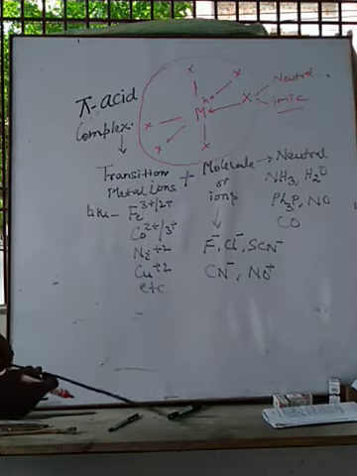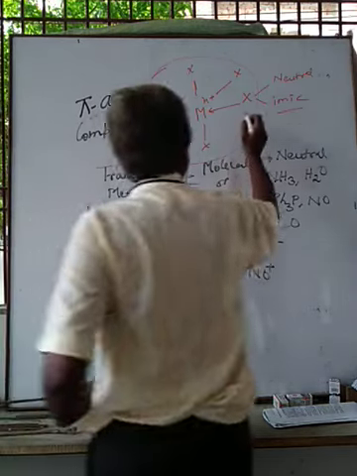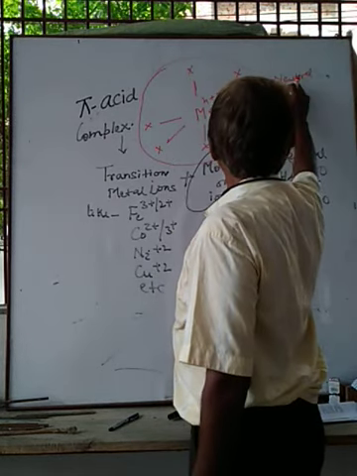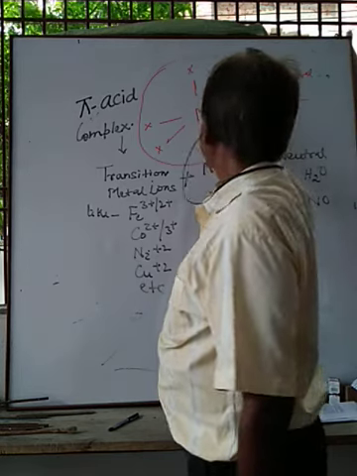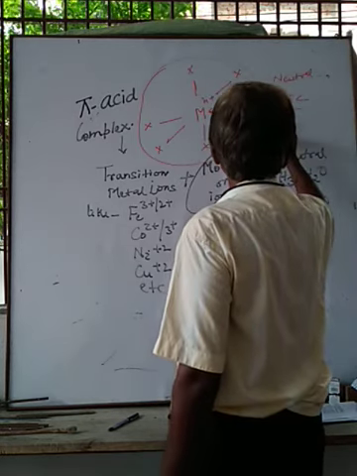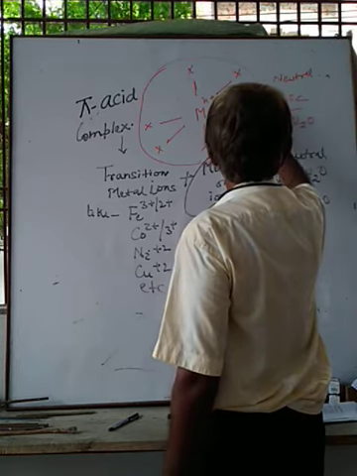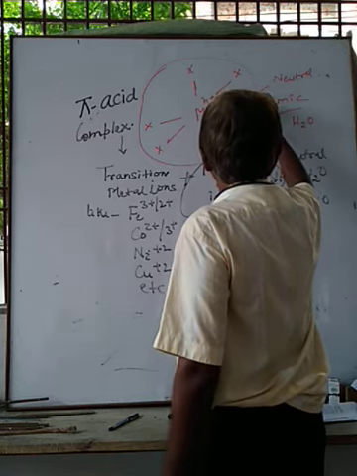Now, what is the meaning of pi acid complex? We know very well that this X, whether neutral or ions, has some donor atom. Say for example, if X is H2O, then this X contains oxygen as a donor atom.